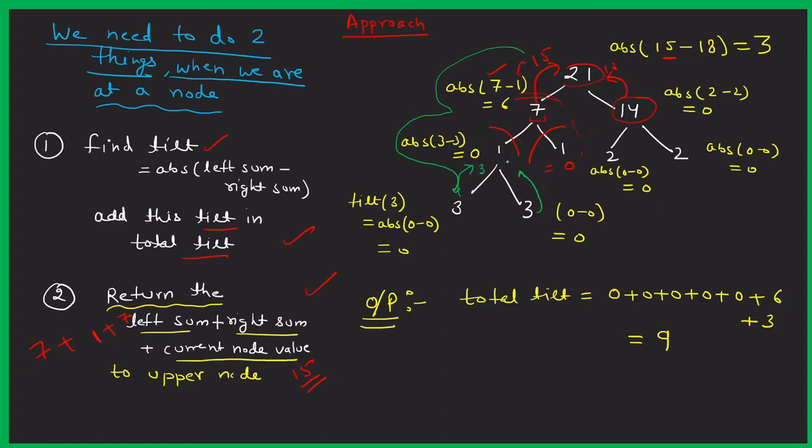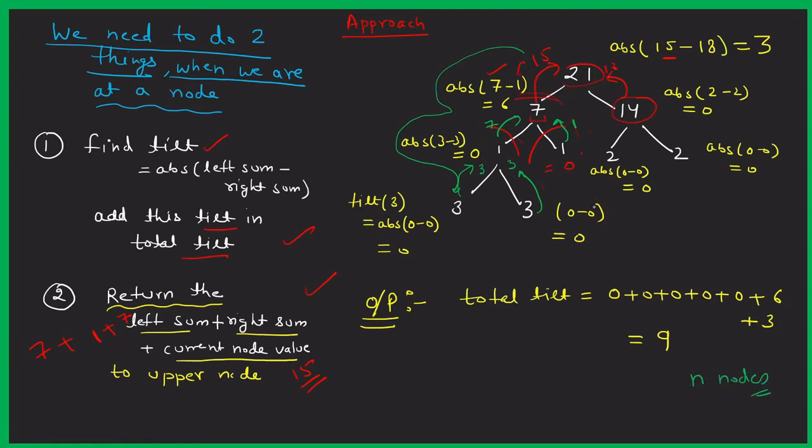When it has got 3 from the left and right parts, we find the tilt of this node. Then again we return 3 plus 3 plus 1, 7. Then again from the right part we get 1 and we find the tilt. So if you see, we are traversing each and every node of this tree. That is, we will be traversing n nodes of the given tree.